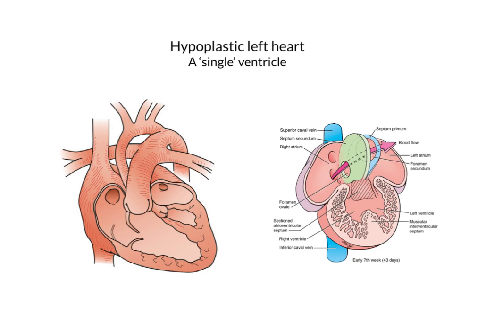In hypoplastic left heart, because not enough blood has been delivered to the left side, the left atrium and particularly the left ventricle are extremely small. So small as to not be doing any useful work. And the consequence of that is that the right ventricle becomes the sole ventricle supplying the entire body, both systemic and pulmonary circuits.